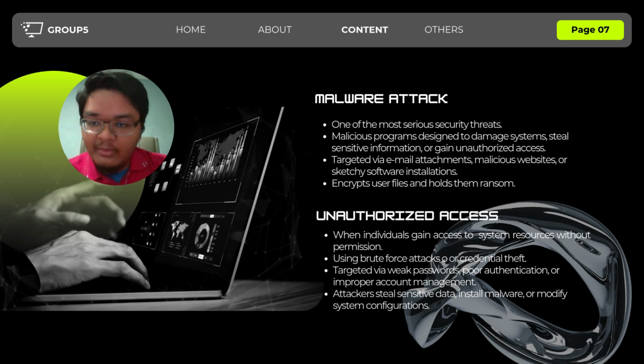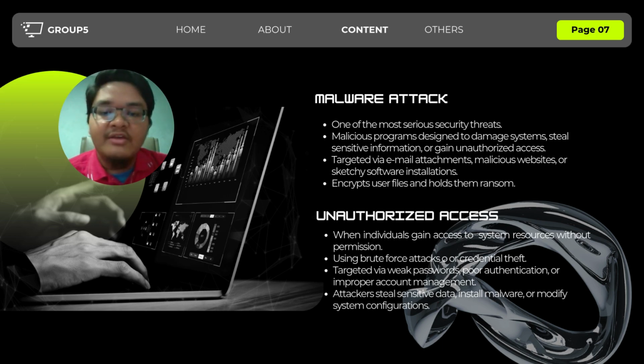These take the form of viruses, worms, trojans, spyware, and ransomware. Those are common examples. They usually cause significant damage by encrypting user files and demanding payment for data recovery. They can also lead to poor system performance, data corruption, and long-term security risks.